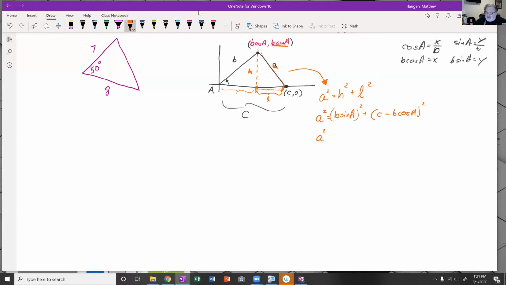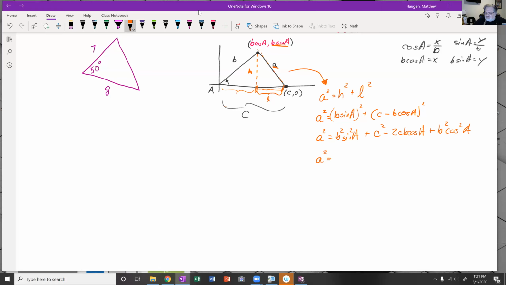So let's simplify it. A squared equals B squared sine squared A, plus FOIL this out, we'll get C squared minus 2CB cosine A plus B squared cosine squared A. For multiplying that out, square the first, twice the product, square the last.